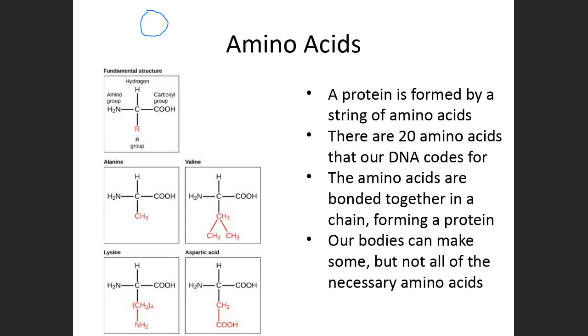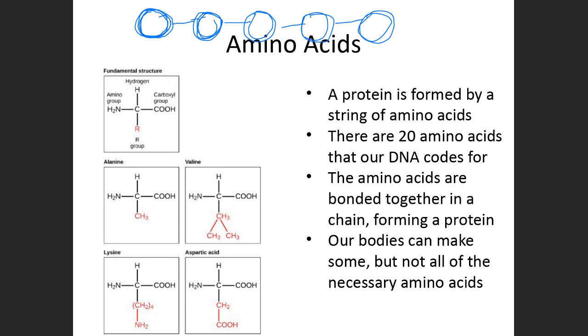If we think of each of these as an amino acid, this circle that I'm making here is a whole complex molecule, and it's bonded to another complex molecule, okay? So we get this whole string of these. These individual things are amino acids, and all put together, this is a protein.